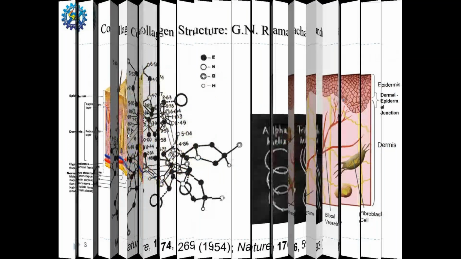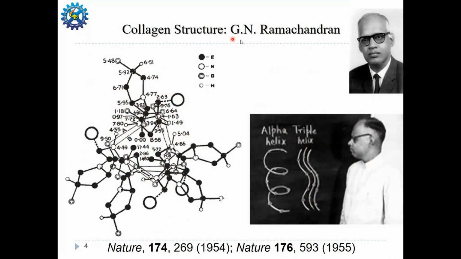The structure of collagen was resolved by Professor G.N. Ramachandran in the year 1954. It is a very difficult structure to solve at that point of time, when only the double helical structure of DNA was known. So this person solved it as a triple helical structure for the collagen. He is from India, from the same city.